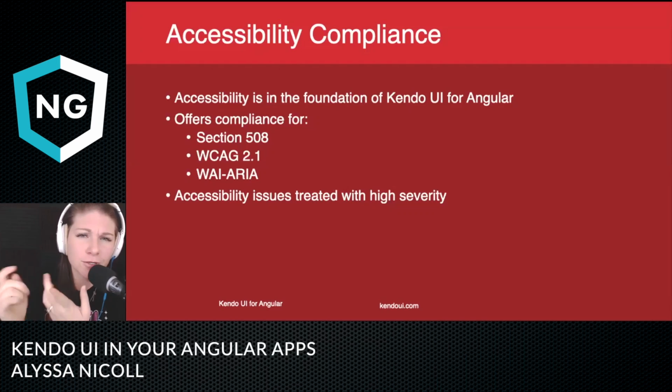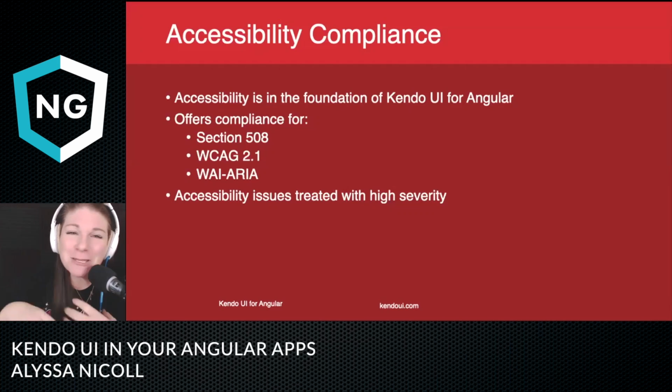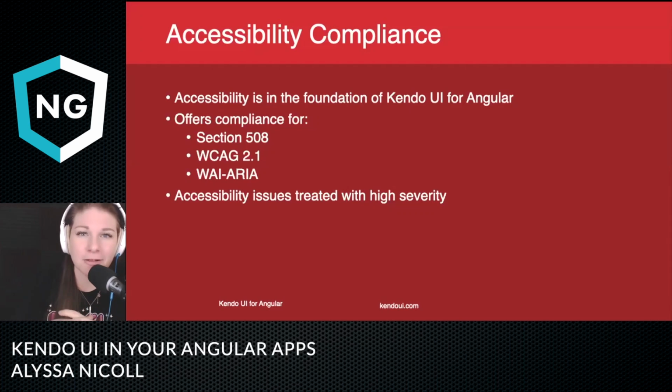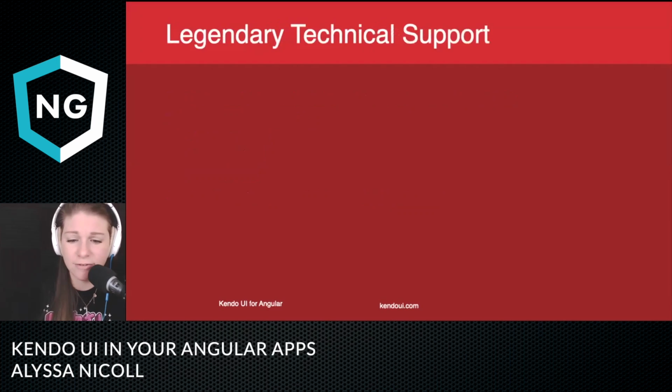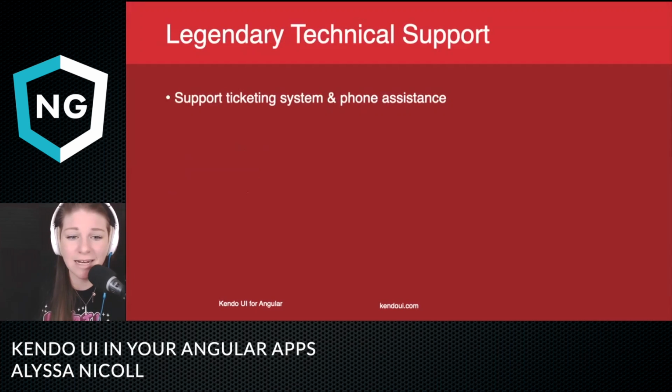I'll have a link to that later on, but it's been neat working over the past couple of years with the Kendo UI team and the Angular team, and seeing how they really do take community feedback and integrate it as soon as they can into their next roadmap plan. So definitely reach out if you find issues or run into anything.